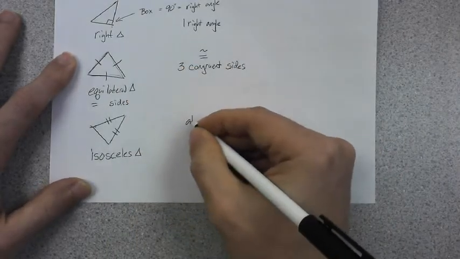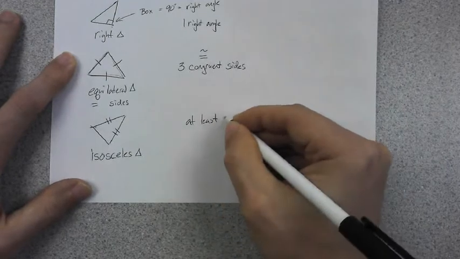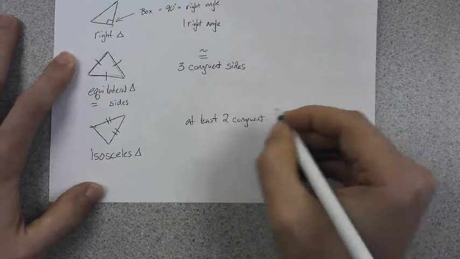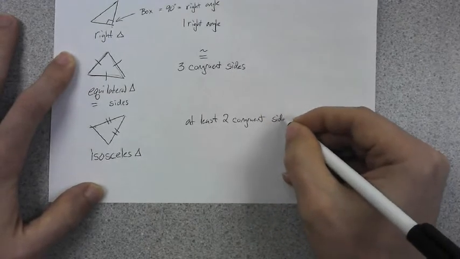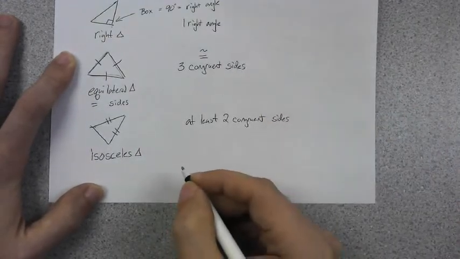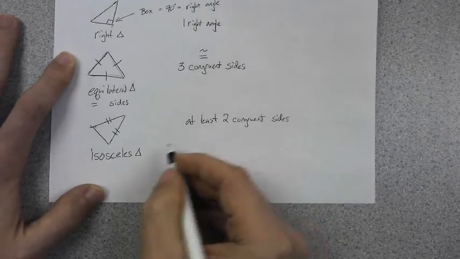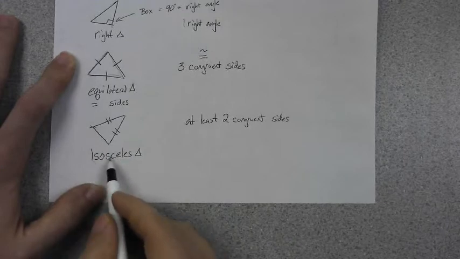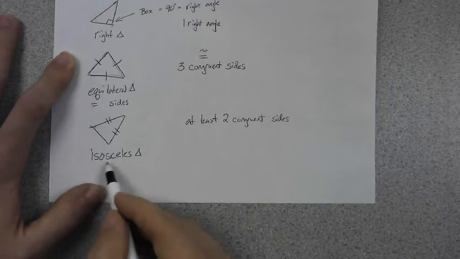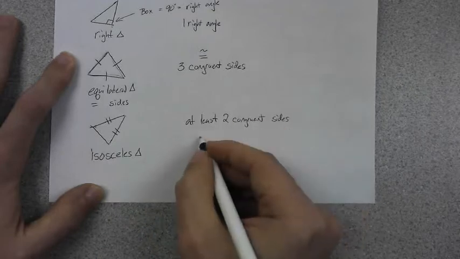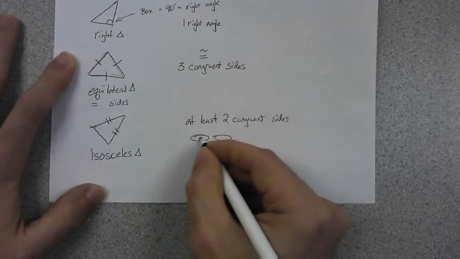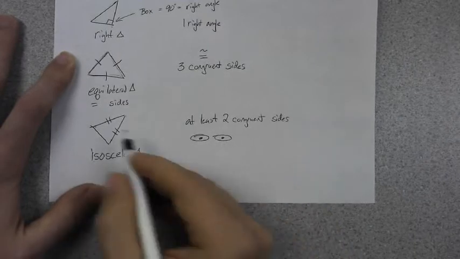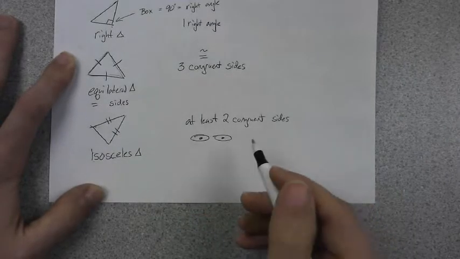That one has at least two congruent sides. Now, somebody told me a funny way to remember this is, if you look at this isosceles, if you kind of slur your speech, eyes you can think of the first word eyes, so isosceles, and how many eyes? Well, hopefully you have two eyes, so isosceles, two eyes, two sides that are congruent.